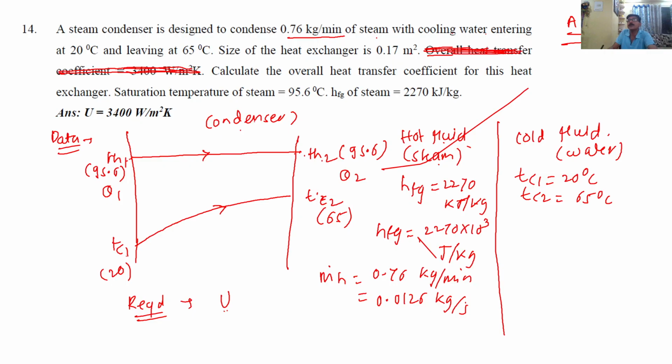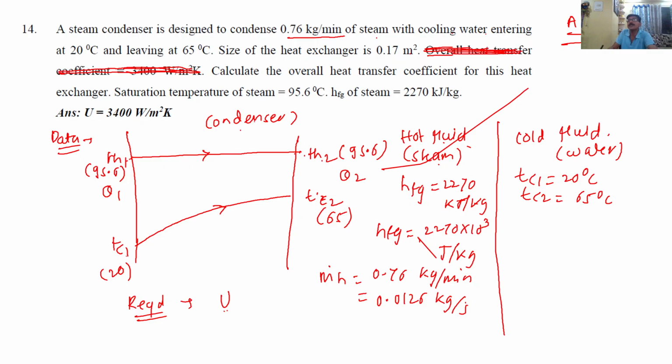And M dot C is 0.8333 into the specific heat of cold fluid, 4200. If I calculate it, the first value comes as 699.93 and the second value comes at 3499.86. Now out of these two, which is lesser?